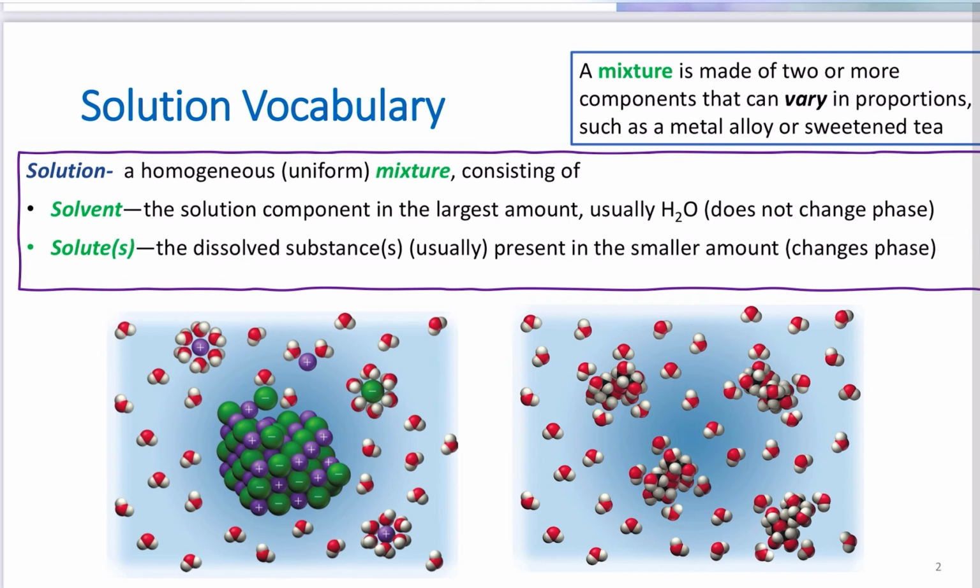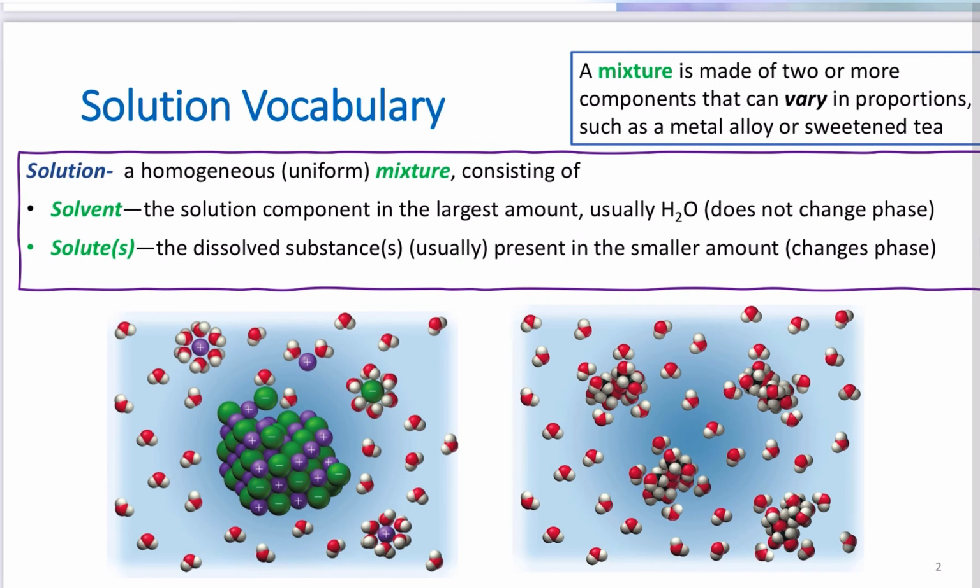The solvent is the solution component that's present usually in the largest amount. It doesn't actually have to be the largest amount, but more often than not it will be. It will be the species that does not change phase when the solution is mixed. So sometimes you can actually dissolve something in a higher or greater concentration, but it will not change phase.